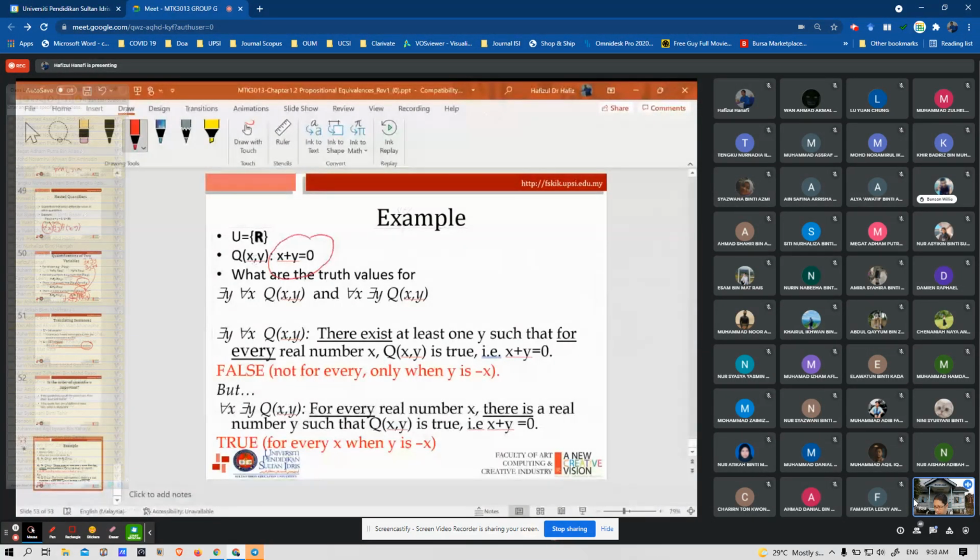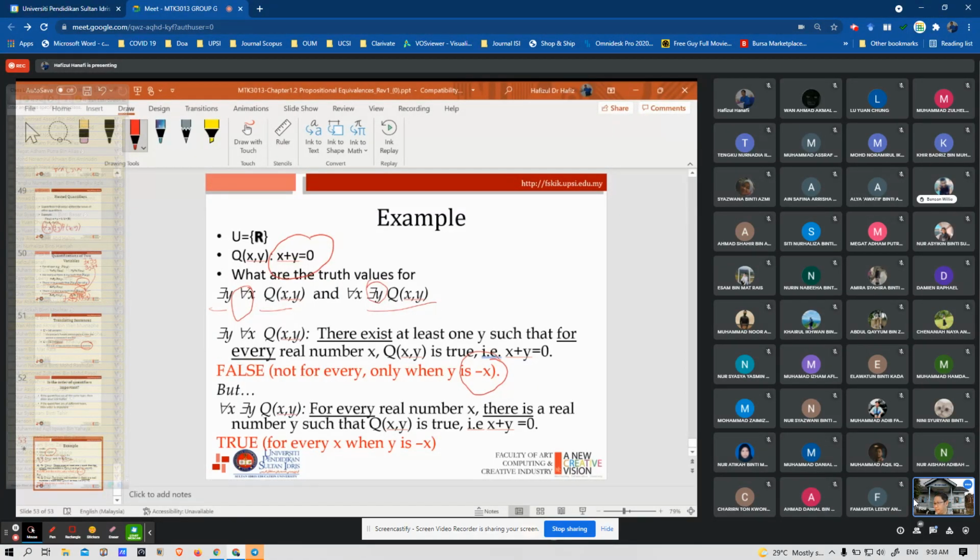What are the truth values for all y, for some y, for all x? For all x, for some y, we have x and y. Not for every, only when y is negative x. That exists. But for every, it is true.